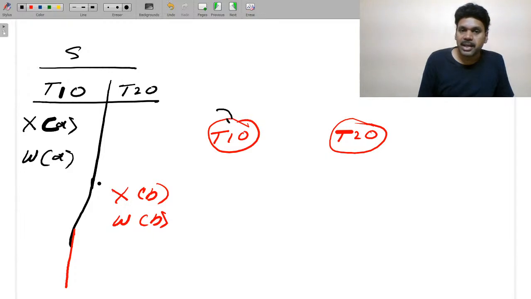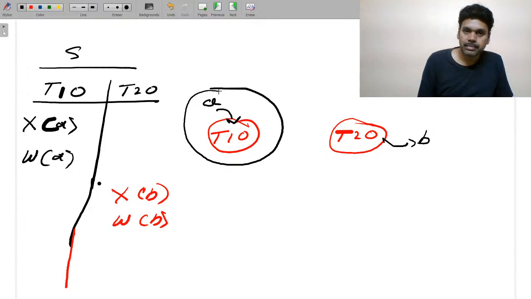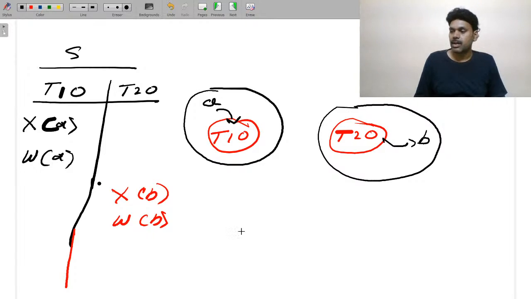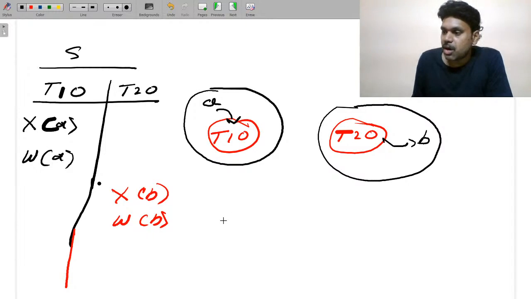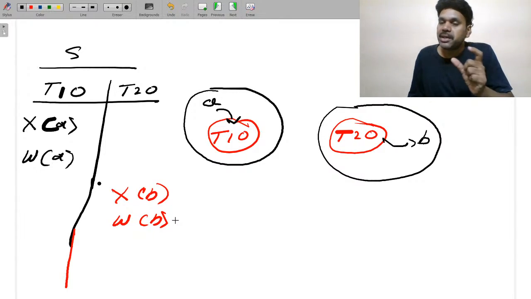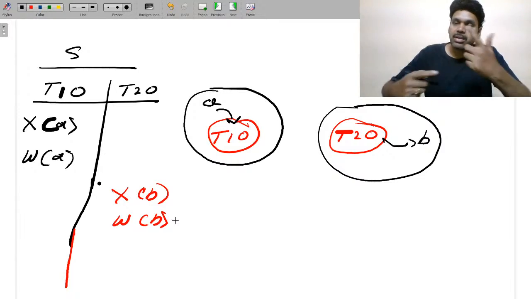So T10 has object A, T20 has object B. Now what are 10 and 20 doing extra? In order to complete, they need one more object.